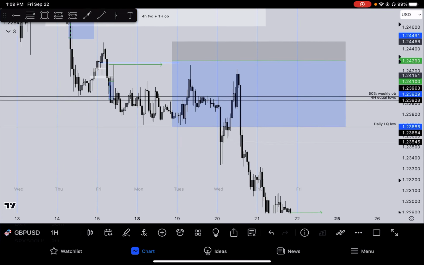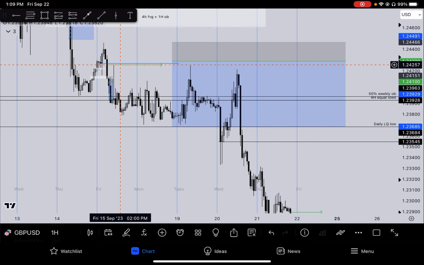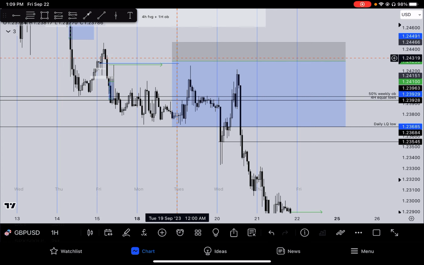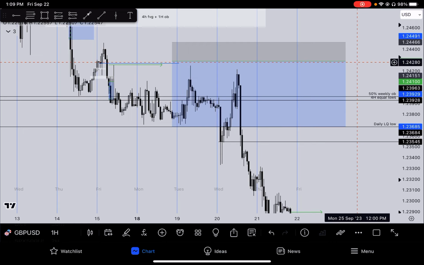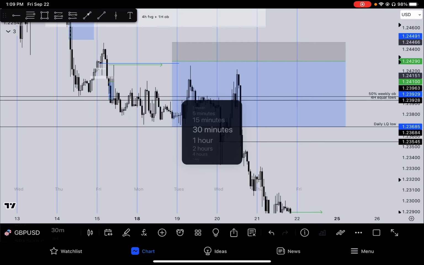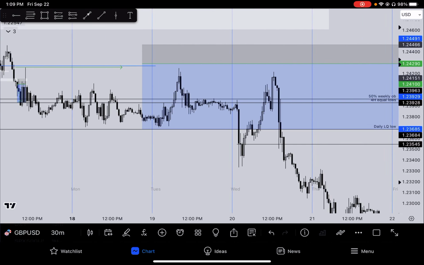What I was looking for was for price to trade above this high here, tap some type of order block here, entry on the green line, expecting the sell off, and the market didn't tap it, so no trade there.